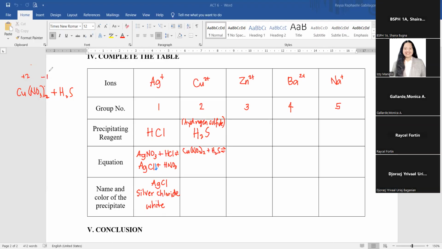And then nitrate is supposedly negative 1. Dito, si hydrogen, we all know that it belongs to group 1, so positive 1 yan. Pero si sulfide, nasa baba ito ni oxygen sa periodic table, so negative 2. So again, pag mag-exchange partner sila, ang positive dito, mag-partner sa negative sa kabila. So, ano yung product nito?